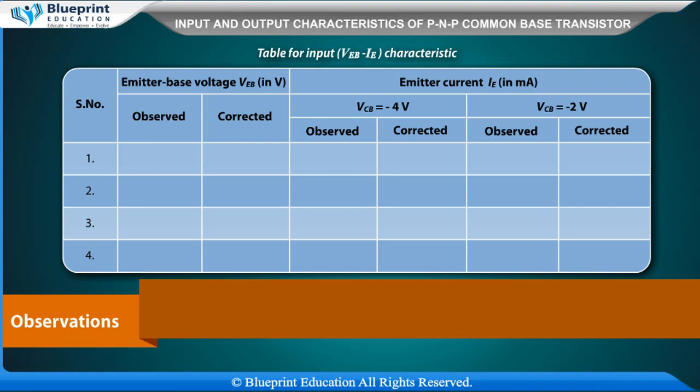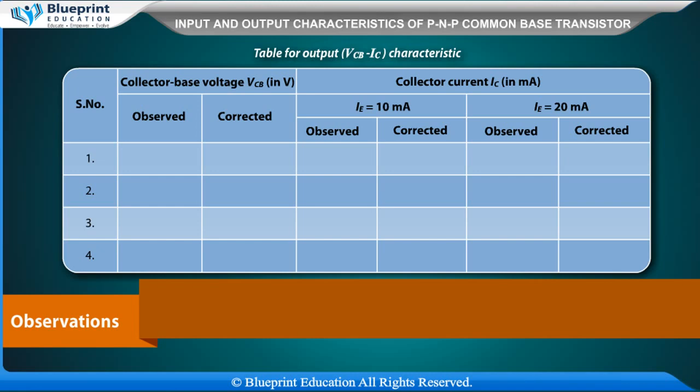Table for output, VCB minus IC characteristic. Collector base voltage VCB in volt, observed, corrected. Collector current IC in milliampere. IE is equal to 10 milliampere, observed, corrected.